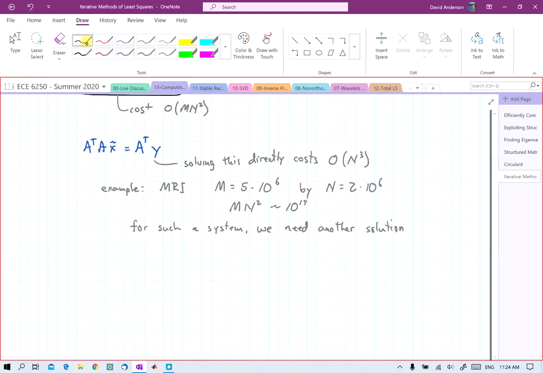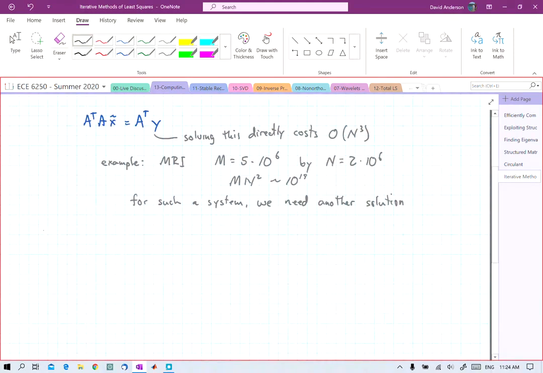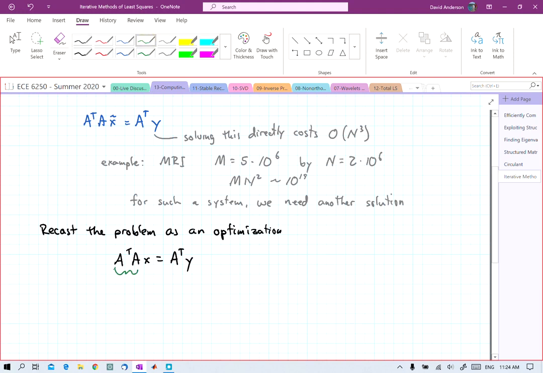So for such a system, we need a better way to find a solution. Okay, so the way we're going to approach this is we will recast the problem as an optimization. When I first do this, we'll first simplify our notation just a bit.